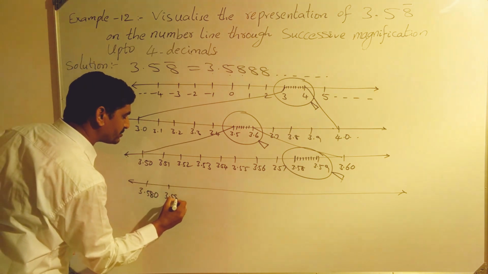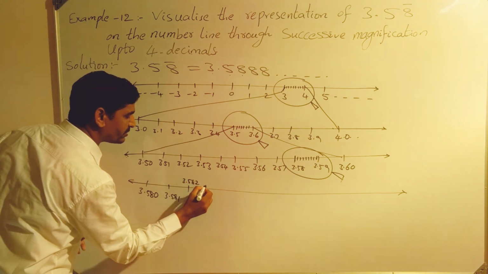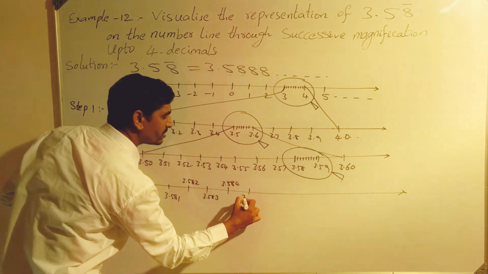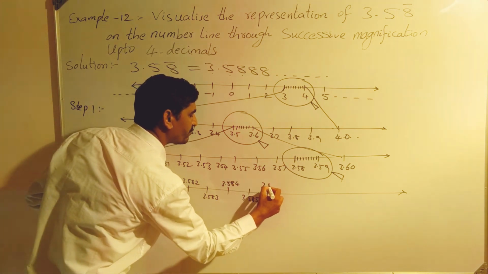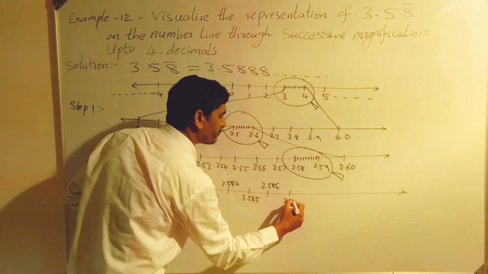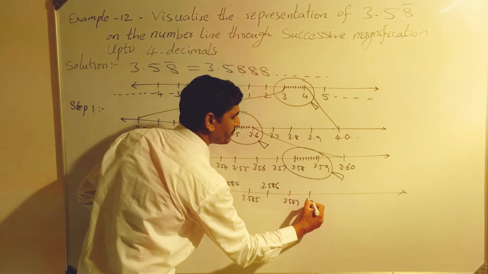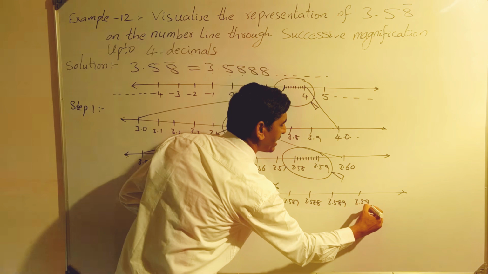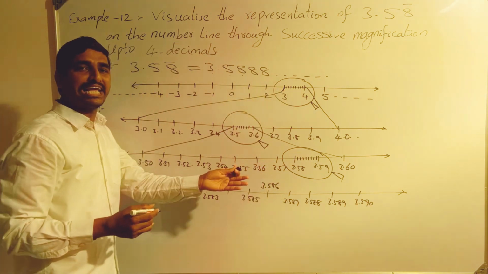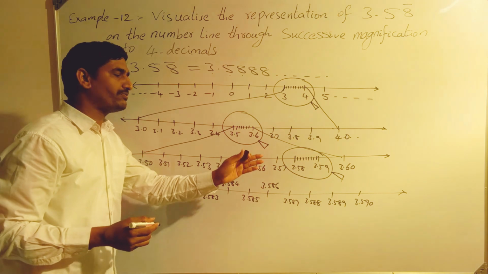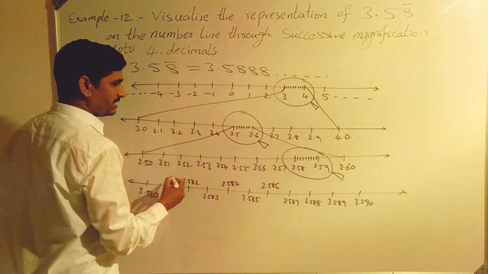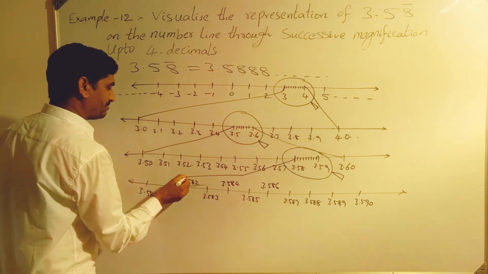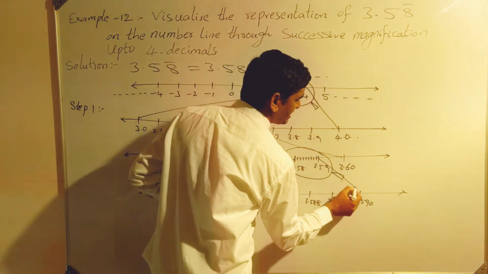So 3.581, 3.582, 3.583, 3.584, 3.585, 3.586, 3.587, 3.588, 3.589, 3.590. With the magnifying glass we observe the number line, and 3.59 is here.